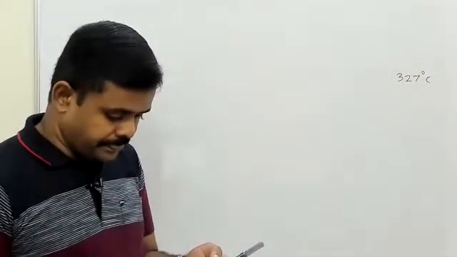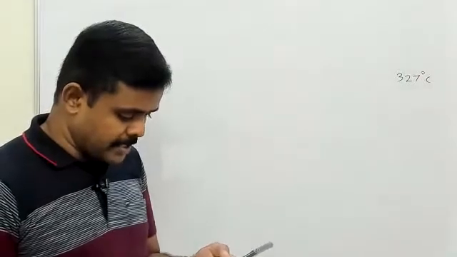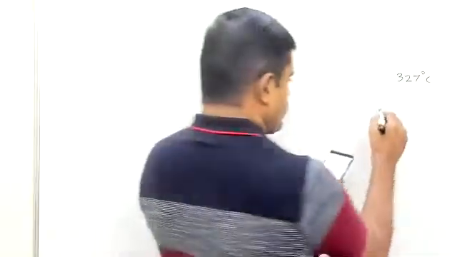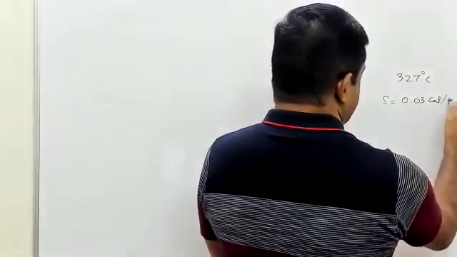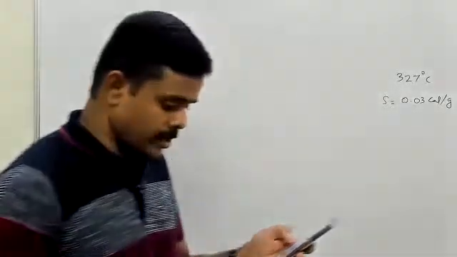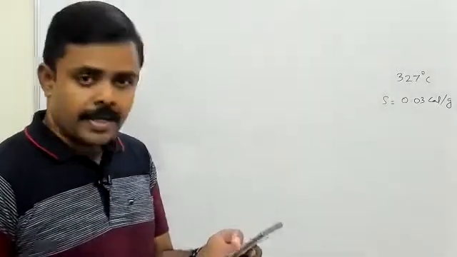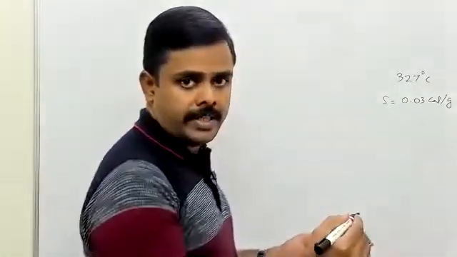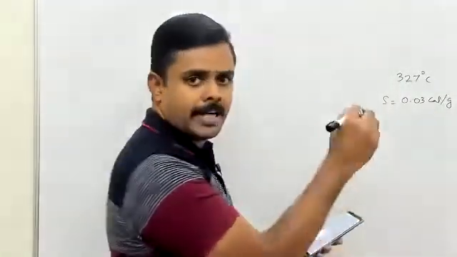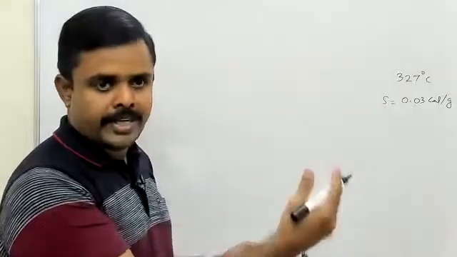Then specific heat capacity of lead is given. It is 0.03 calories per gram, and this is to be converted to joules per kilogram. How do we convert? Calorie can be converted by multiplying with 4.2. We'll do that later.